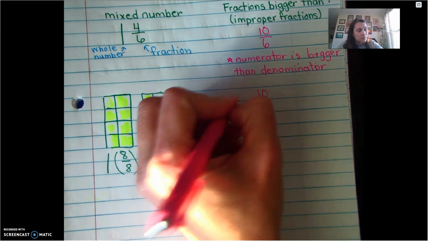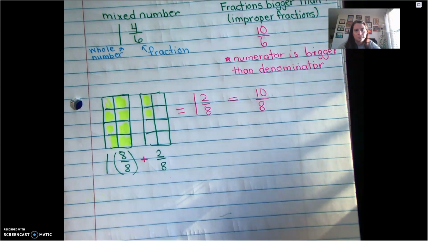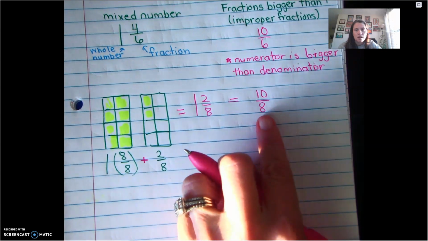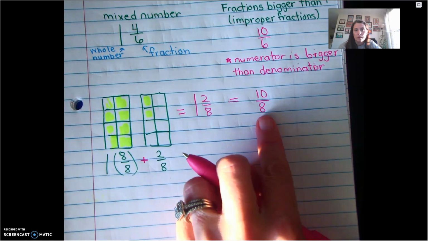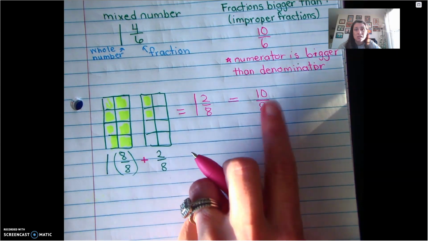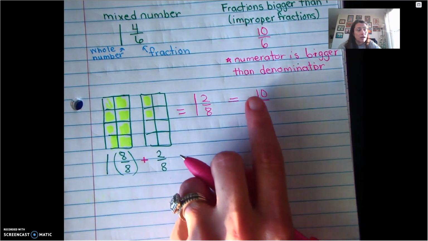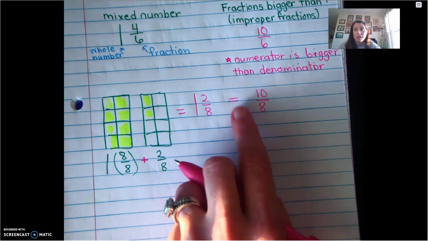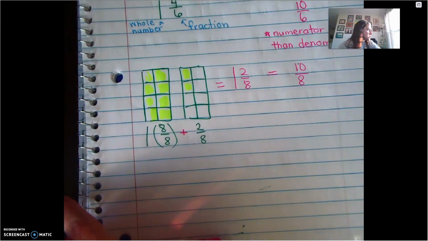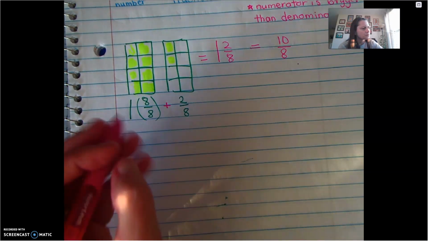These are the same. All of these equal the same. So this is called the mixed number, and this is called the fraction bigger than 1. This is mixed because it has a whole number and a fraction. This is not mixed because it's all fractions, but it's a fraction bigger than 1 because the numerator is bigger than the denominator. So let's practice a few of these.